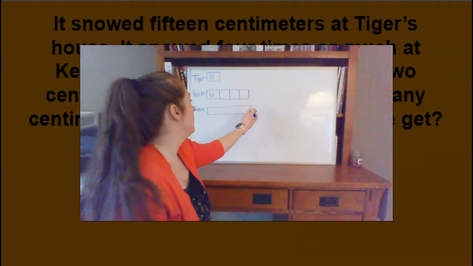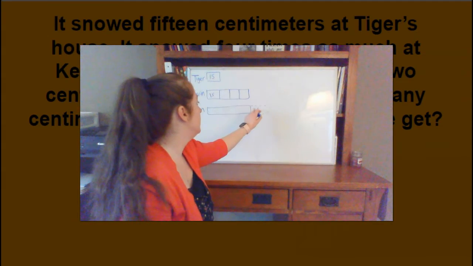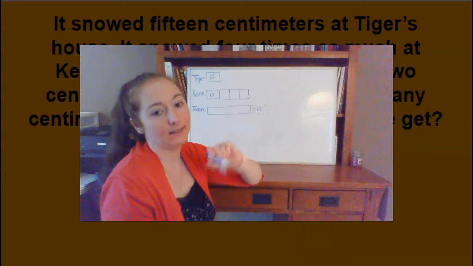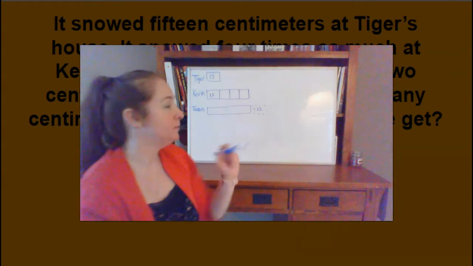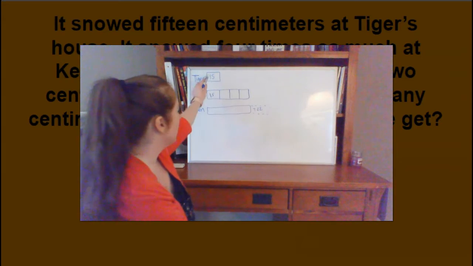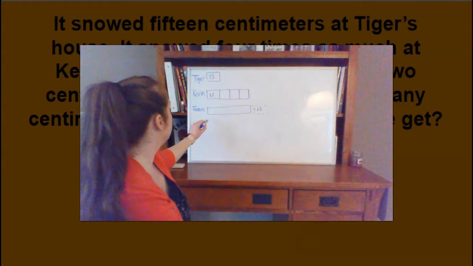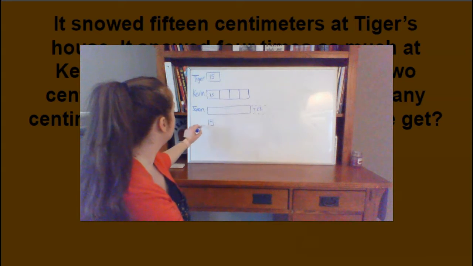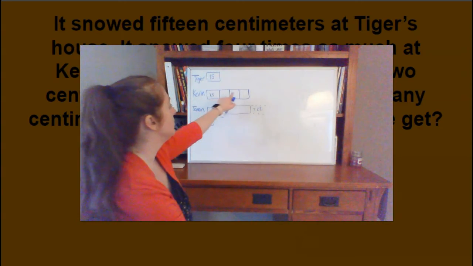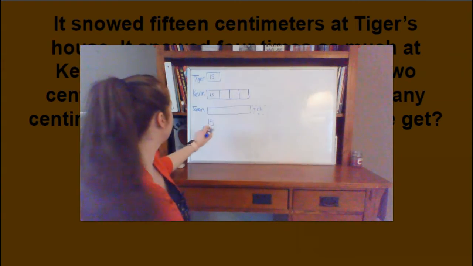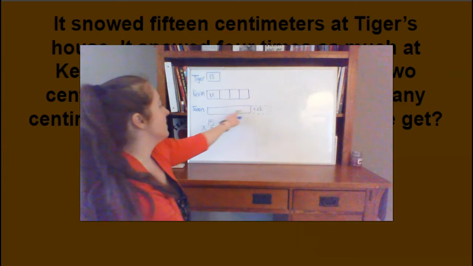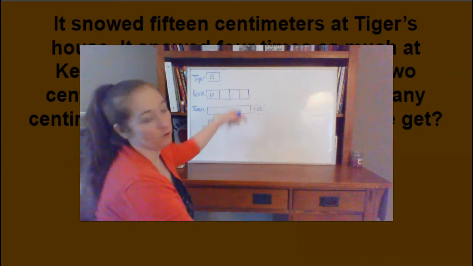So I'm going to put in here plus 22, because that's our last step. Okay, so here we go. We already know Tiger. We've used Tiger's information to figure out Kevin's. Let's figure out Kevin. 15 times how many boxes? 1, 2, 3, 4. Times 4. And that will give us this bar for Jason and the total for Kevin.